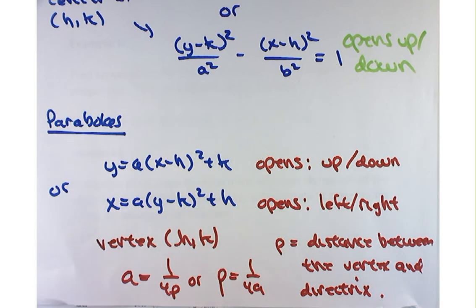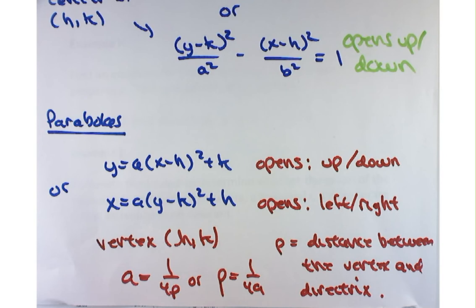Which one does it have to be? The y equals, good. Now someone else tell me the reason for that. Why does it have to be the y equals something, not the x equals something?